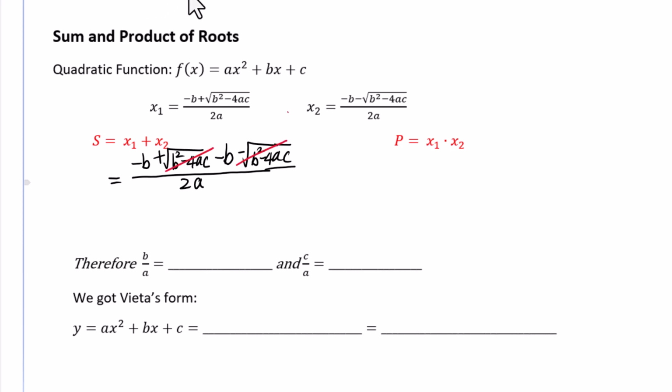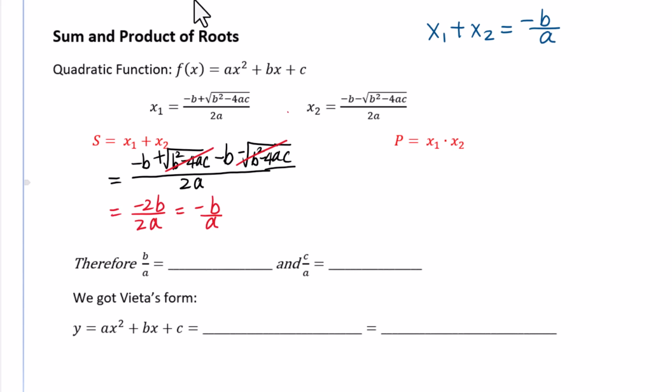Cancel. Negative 2b over 2a. Reduce, negative b over a. So we get x1 plus x2 equals negative b over a.